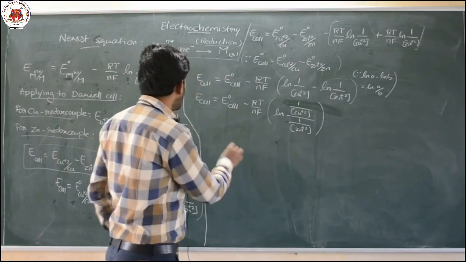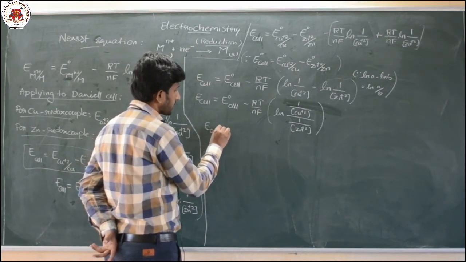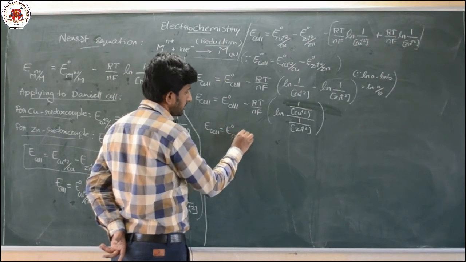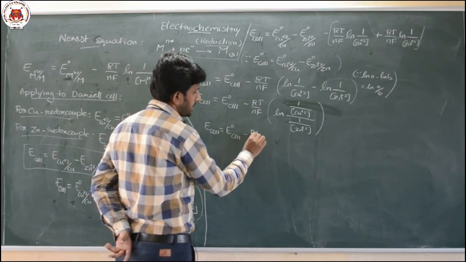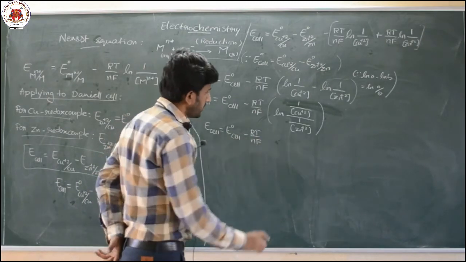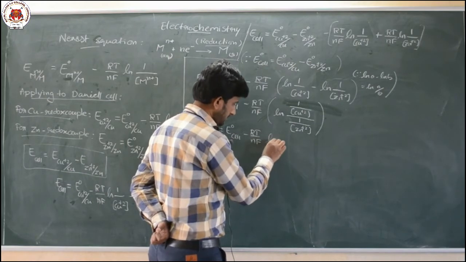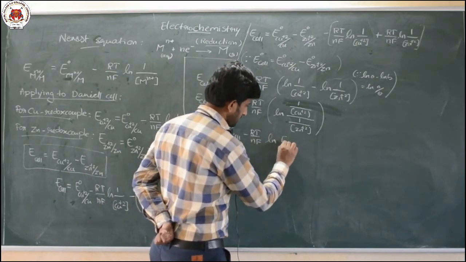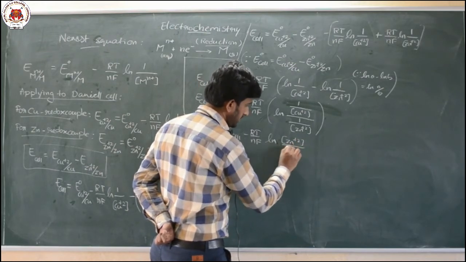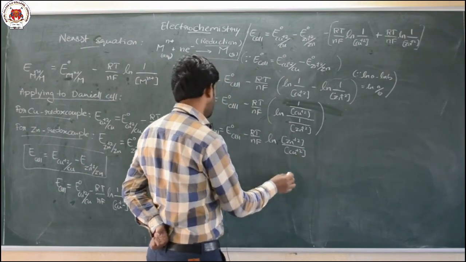So overall what you can write here: E cell is equal to E naught cell minus RT by nF ln concentration of Zn plus 2 by concentration of copper plus 2.